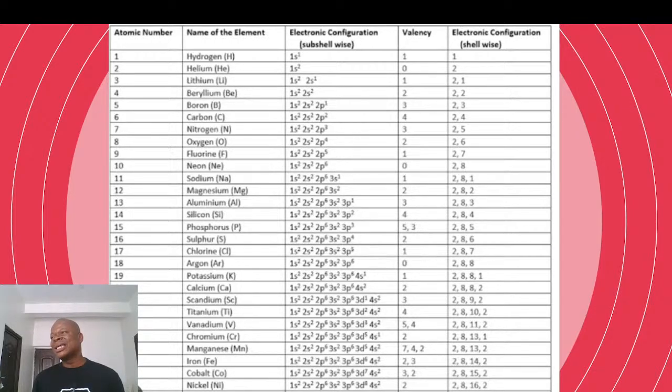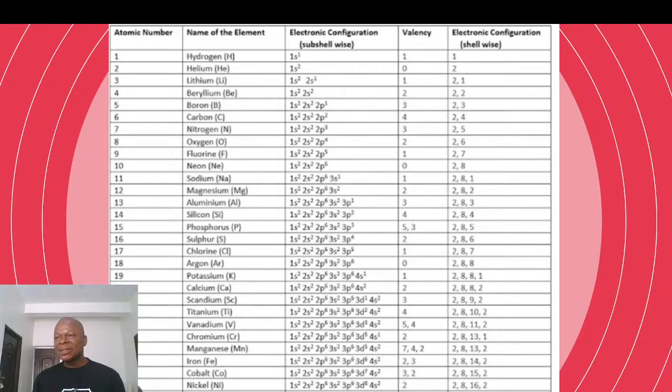Now you go to the shell itself. Arranging according to the K, L, M shells, the K shell will have 2 electrons, the L shell will have 8, and the M shell will have 2. The electron at the last shell is 2. That's why the valency is 2.